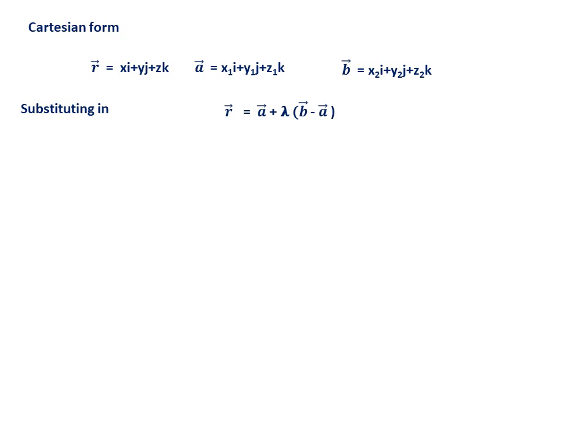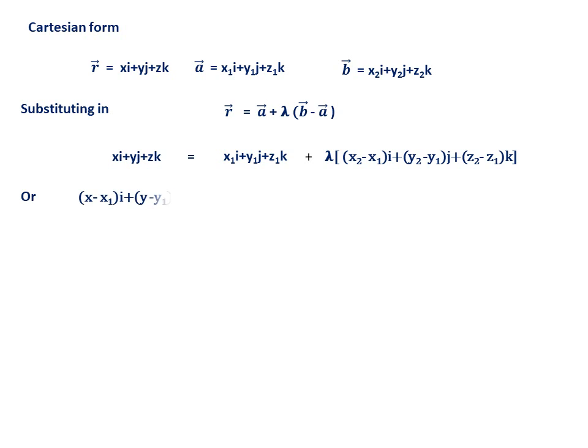Substitute in the equation: R equal to A plus lambda times vector B minus vector A. Left side, vector R equal to xi plus yj plus zk, and that is equal to vector A, x1i plus y1j plus z1k, plus lambda times, then B minus A is (x2 minus x1)i, then (y2 minus y1)j plus (z2 minus z1)k.